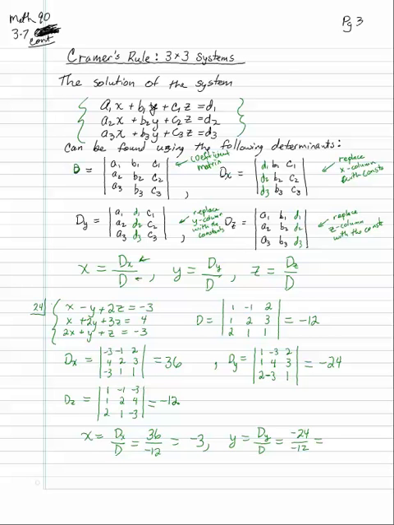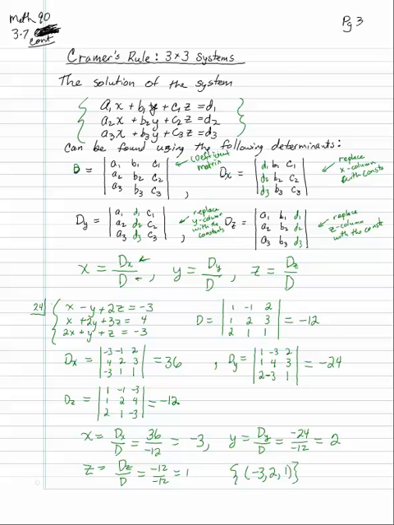D is negative 12, so that's 2. And z is d sub z over d, which is negative 12 over negative 12, which is 1. So our solution set is negative 3, 2, 1, and you can check it.